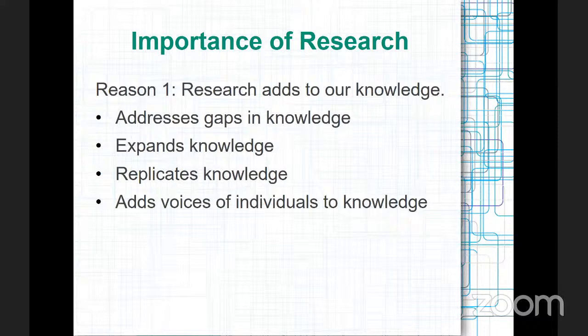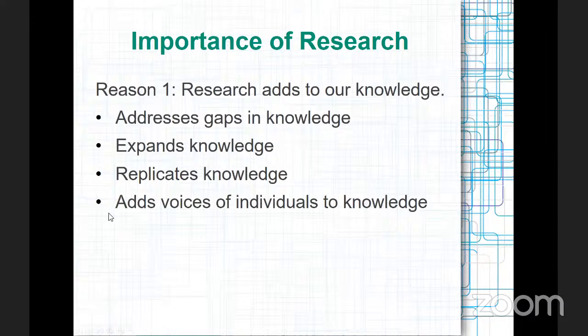Right. So we're going to talk in just a few minutes about how we know whether one study is valid. You have to use the right term. But the point is, replicating knowledge is typically taking a study and doing the study again.